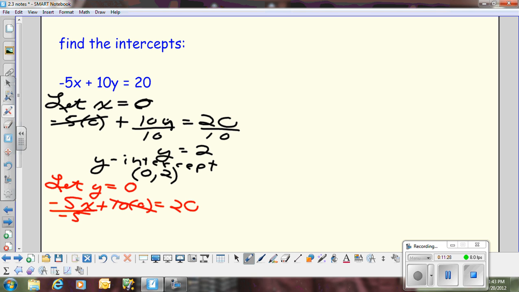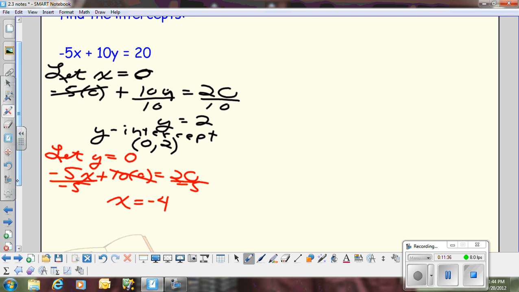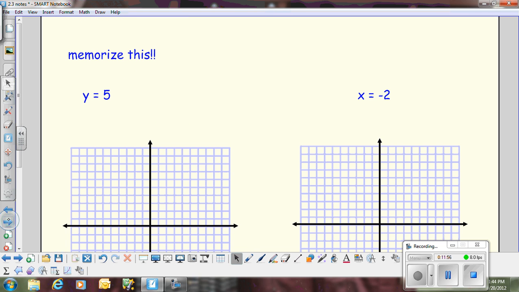Divide both sides by negative 5, and I get x equals negative 4. So the x-intercept is what point? Negative 4, 0.